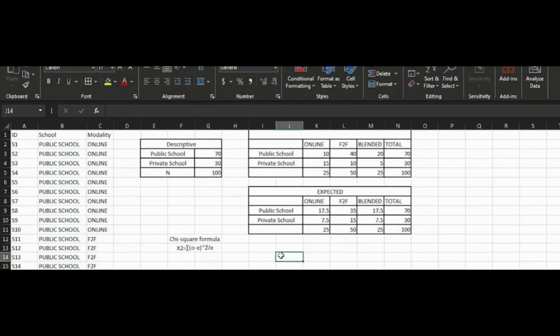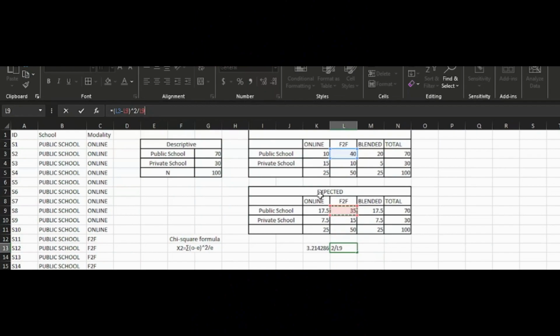To do this, first type an open parenthesis and select the first cell for observed values in the first group and category. Put a minus sign followed by the expected value. Enclose with the parenthesis and type a caret, or this upward symbol, then type the number 2, as this will represent the squared function. Type slash as a divide symbol and select again the same expected value.